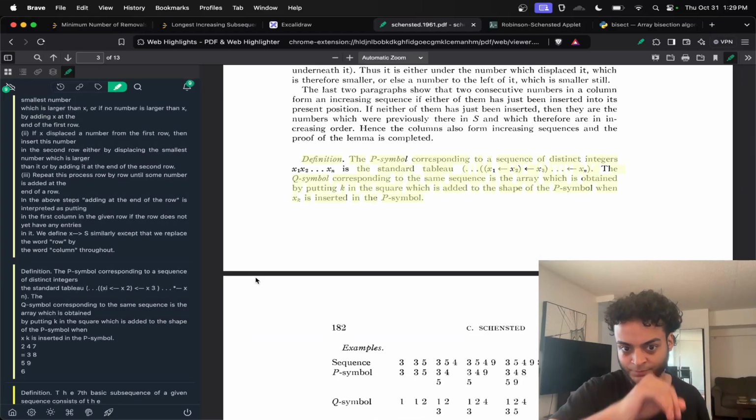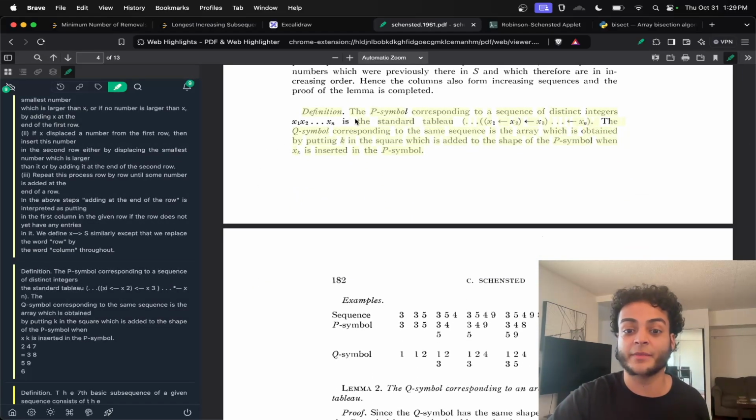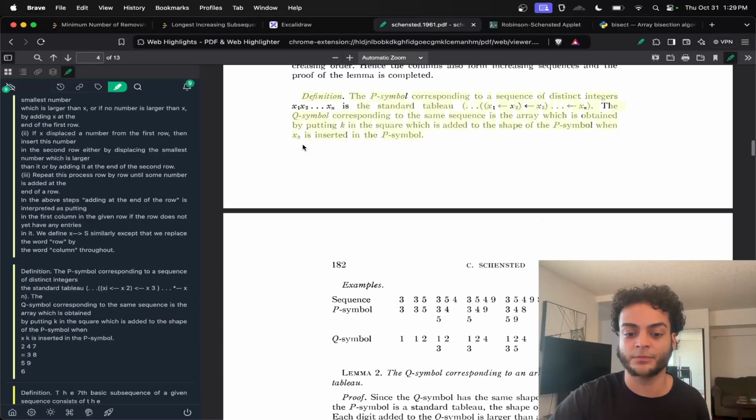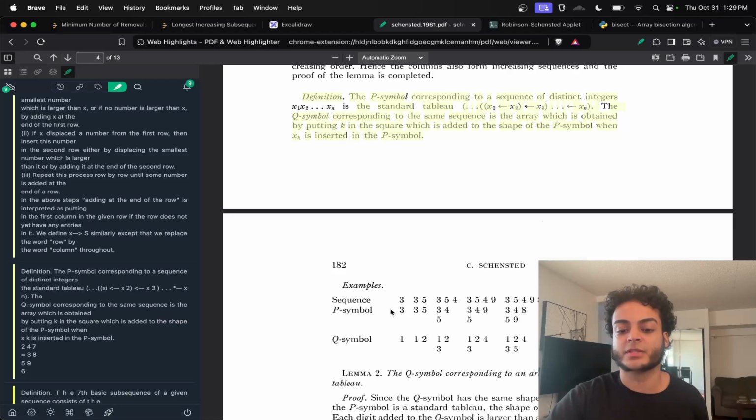So this goes into naming things a bit. It talks about the P symbol and the Q symbol. P symbol essentially says if we have arbitrary numbers, like in our Leetcode problem, and we form a table out of them using Schensted's algorithm, we name it a P symbol.